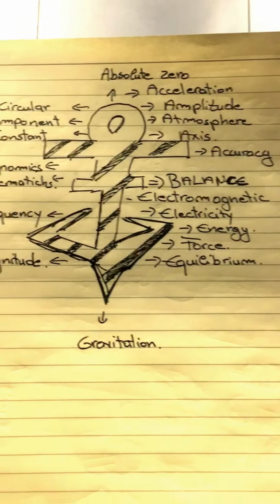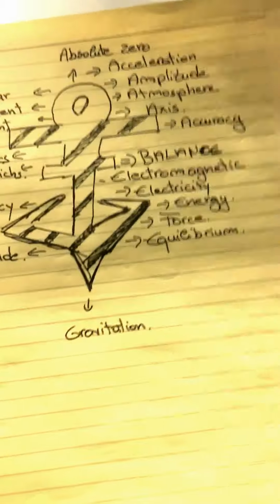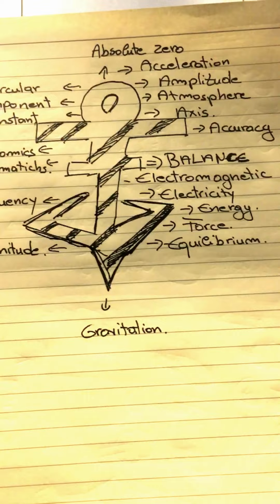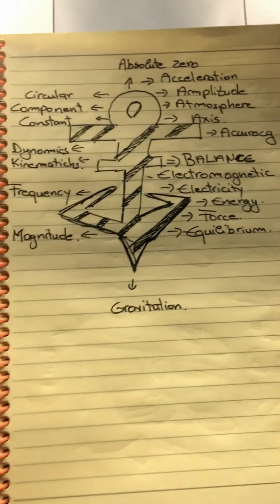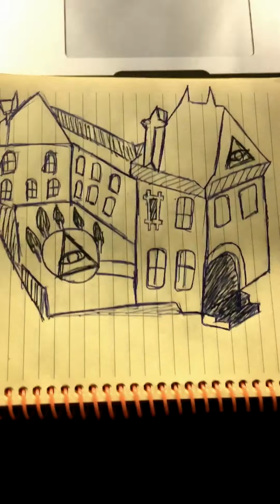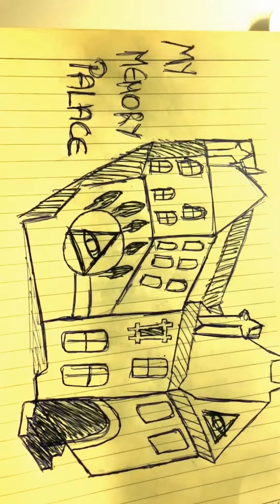So this is how you build a new memory palace. I recommend you use this method. A memory palace can be used over and over again if you only need to commit things to your memory for a short time. Just replace the existing contents with the new ones, and you'll soon remember only the new ones.